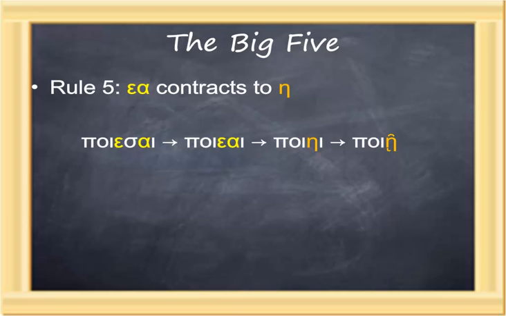And when that combines with poiet, the sigma drops out. Then we have the combination of epsilon alpha, which contracts to eta with a leftover iota that then subscripts. So this one is real tricky, poie. But we won't face that until a future lesson.